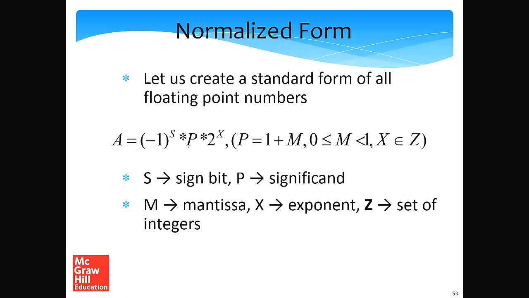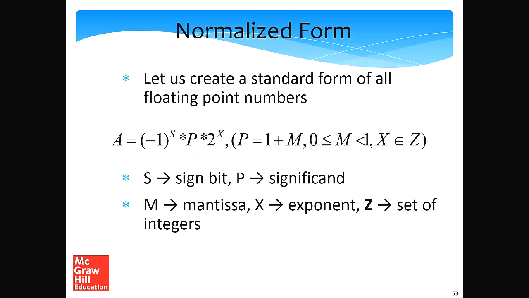So let's just go over this terminology once again, it's very important. Any floating point number we're representing as minus 1 to the power s, where s is the sign bit, multiplied by the significand.